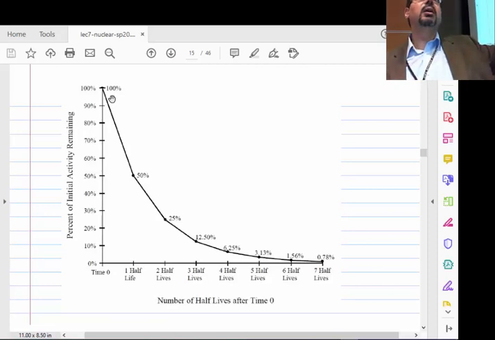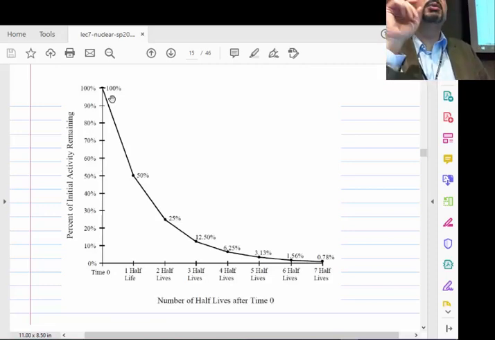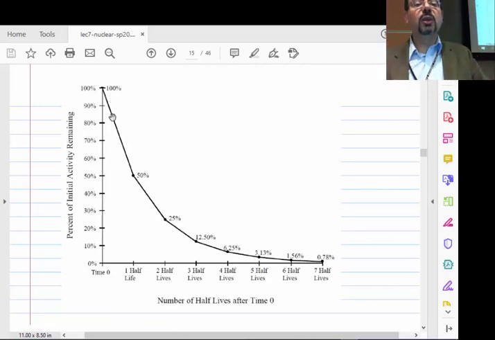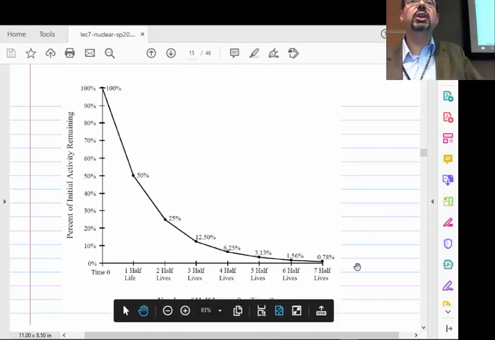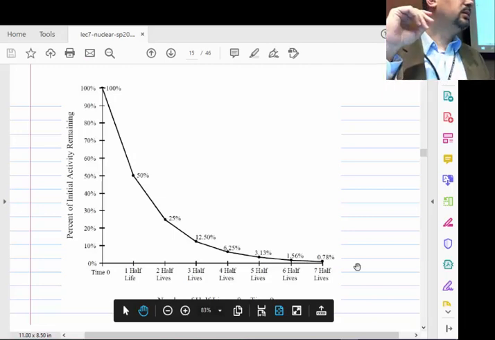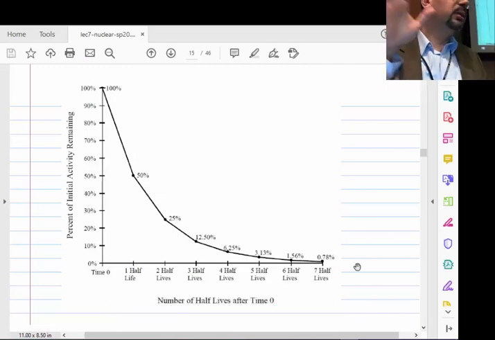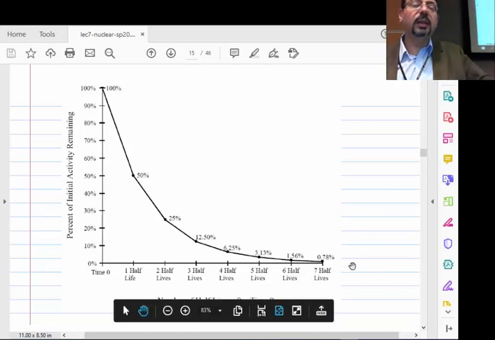So eventually all the atoms will change their composition after all of them have emitted the particle in their decay pattern. By the end, there will be nothing left of the initial species.